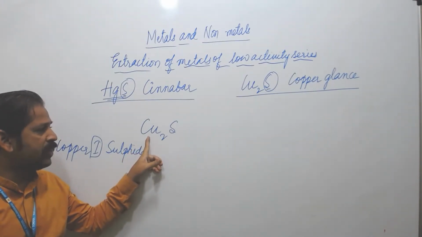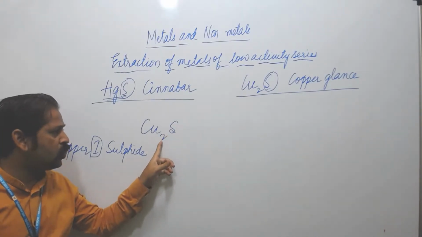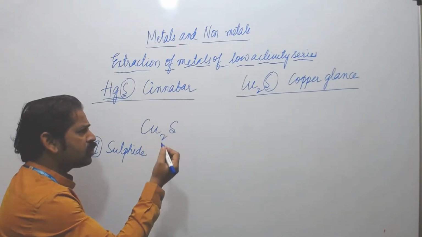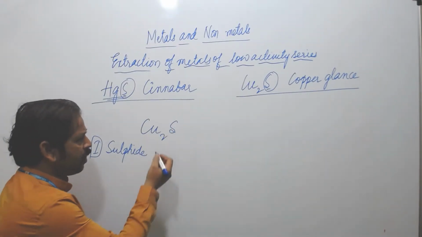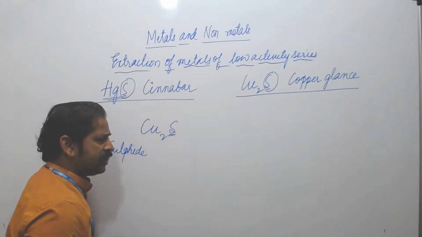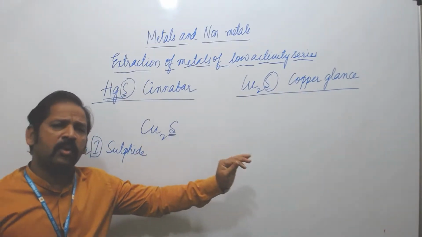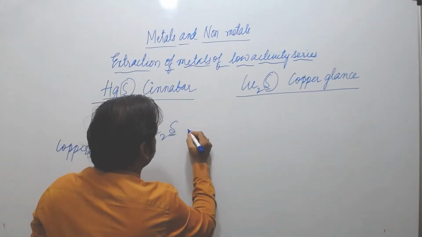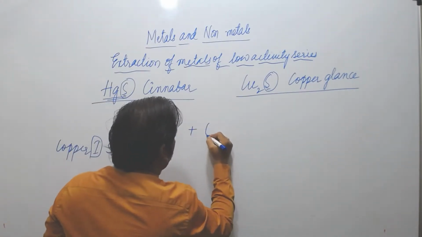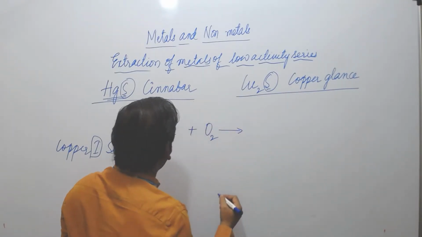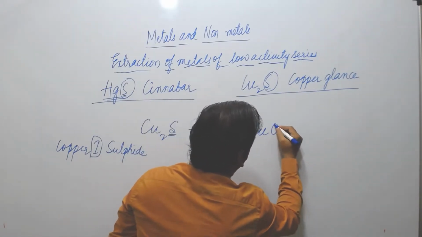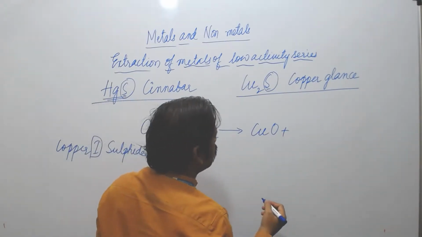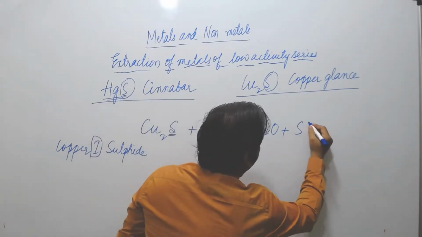The valency of copper is 1 and the valency of sulfur is 2. So it is copper 1 sulfide, also called copper glance. The sulfide once again reacts with excess oxygen in the roasting process to give copper oxide and sulfur dioxide.